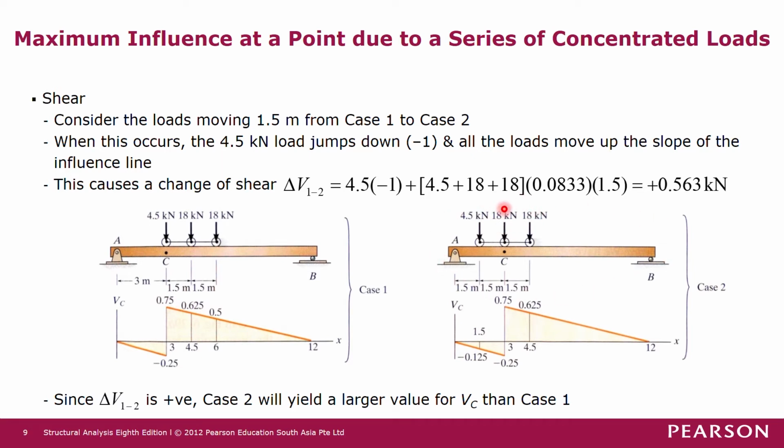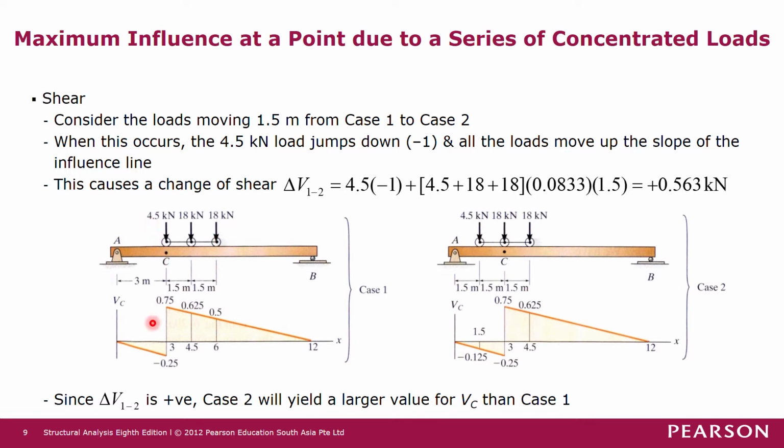Now we look at the change in shear force from case 1 to case 2. It happens when this 4.5 kilonewton force moves to the left by 1.5 meters. Similarly, the 18 kilonewton force here and the other 18 kilonewton force here will also move by 1.5 meters to the left.